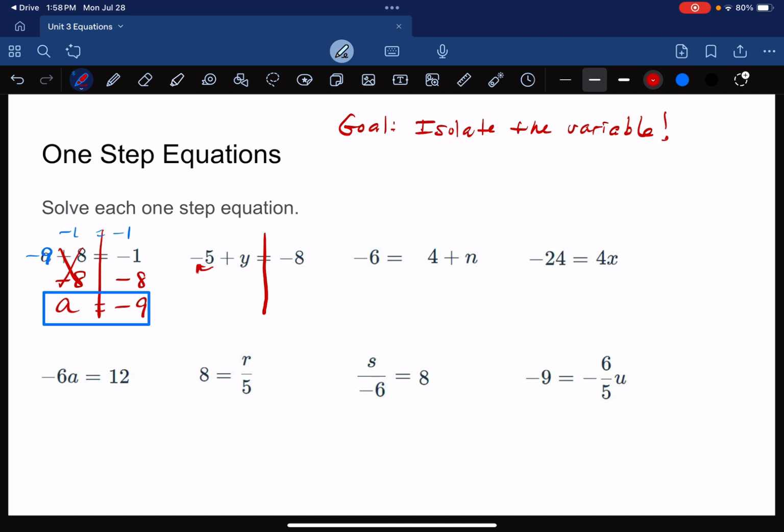To the left of the 5 is a minus. I need to add 5 to this, and I'll have just plain y. But I need to add 5 here as well. So I've got 8 bad guys and 5 good guys, and the bad guys are winning by 3. Okay?